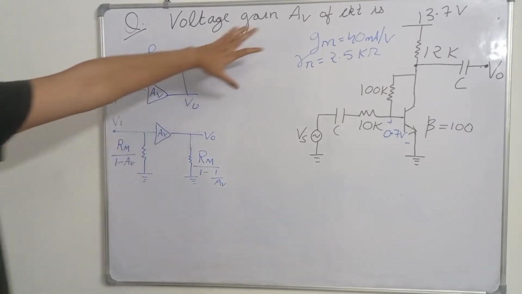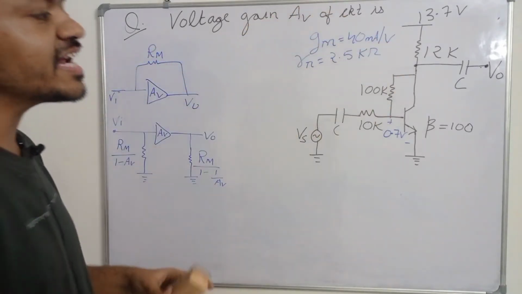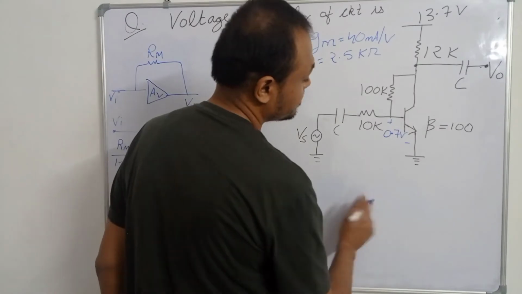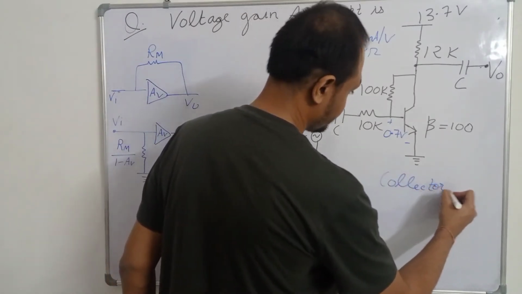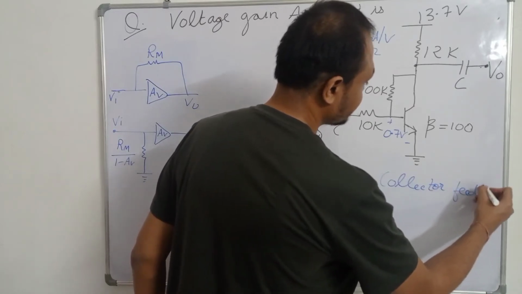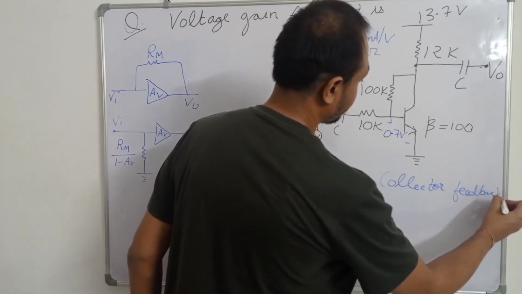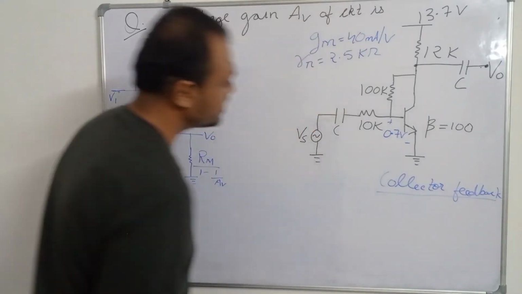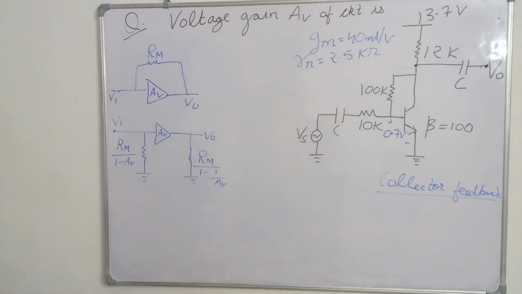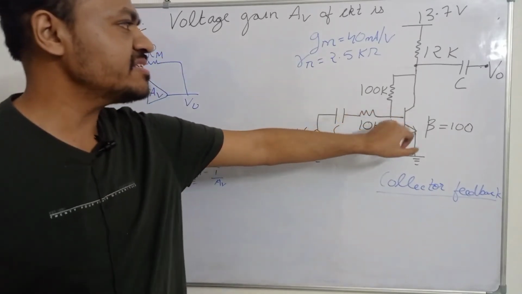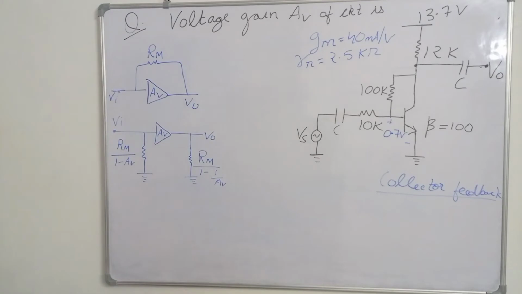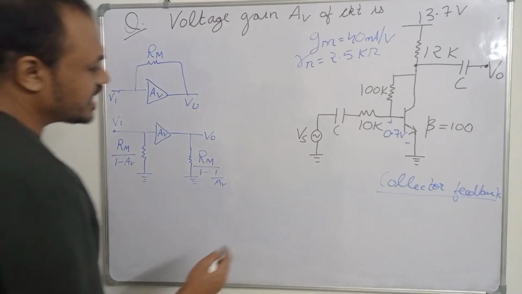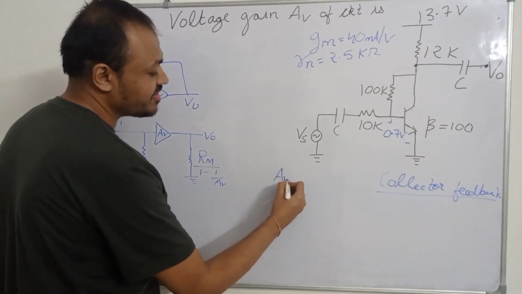Now this is a common emitter circuit, and this is a collector feedback bias. If you want to know which biasing this is, it is collector feedback biasing. It is a common emitter amplifier, because input is connected to the base and output is taken from the collector. For a common emitter amplifier, normally the value of AV is very high.